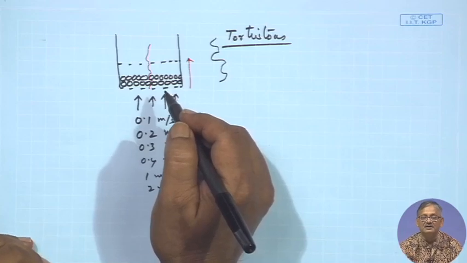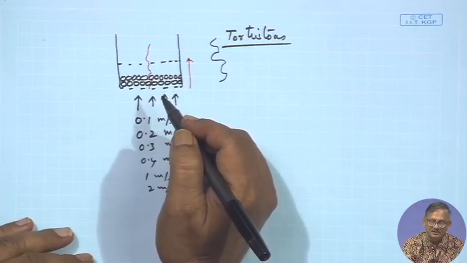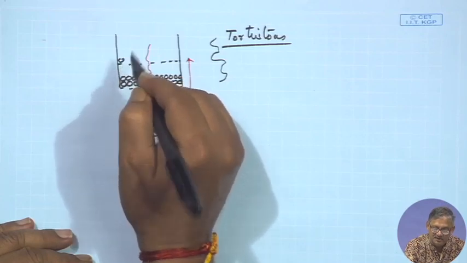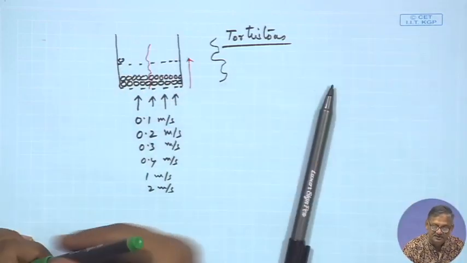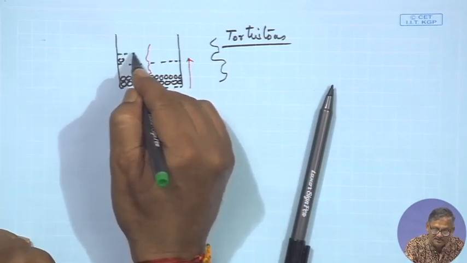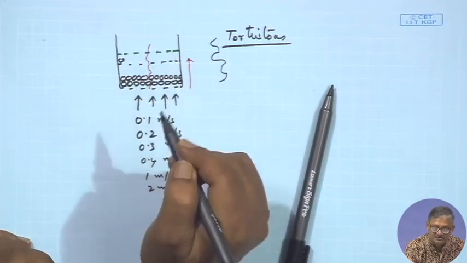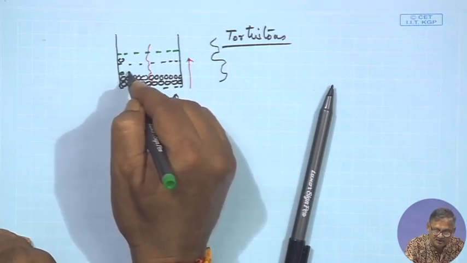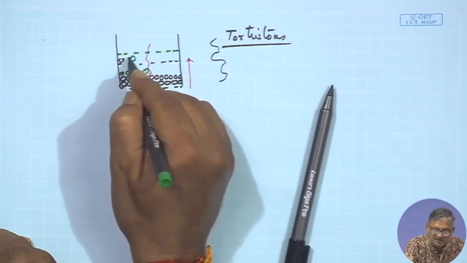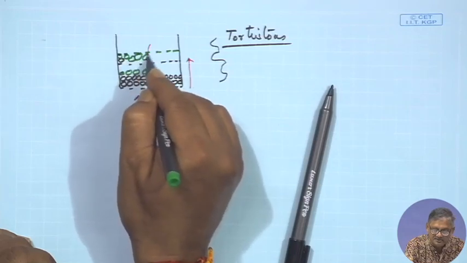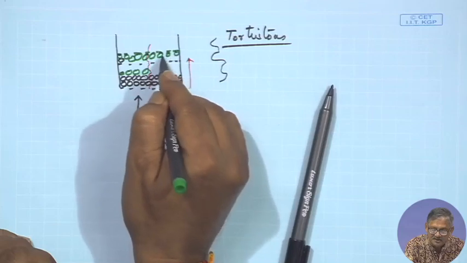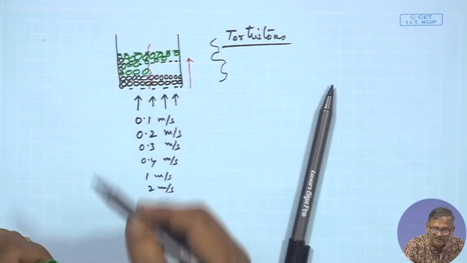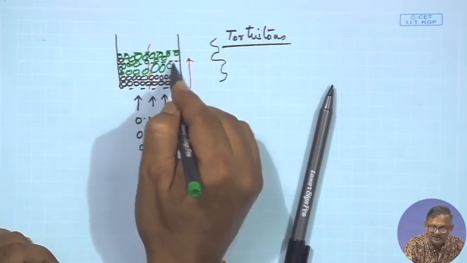So, there will be some velocity when these particles will move a little, like if a particle from here is getting shifted to this layer. These particles will be shifted a little like this, like that. So, there will be some increase of the length of the original packed bed.